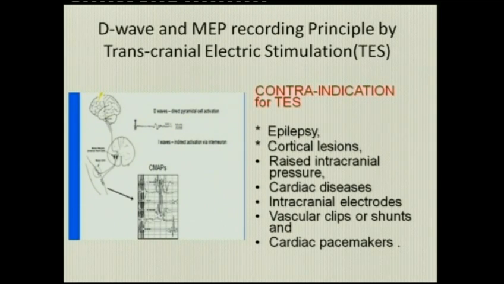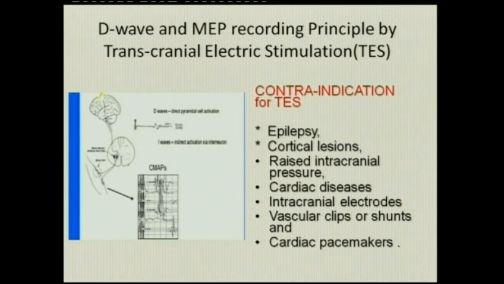We call it the D wave, which is direct activation of the pyramidal tract or pyramidal cells. After that you get a series of waves called I waves. These are the indirect activation of the pyramidal cells and the corticospinal tract. And then from the muscles we get the compound muscle action potentials. But this is what we do by transcranial stimulation.